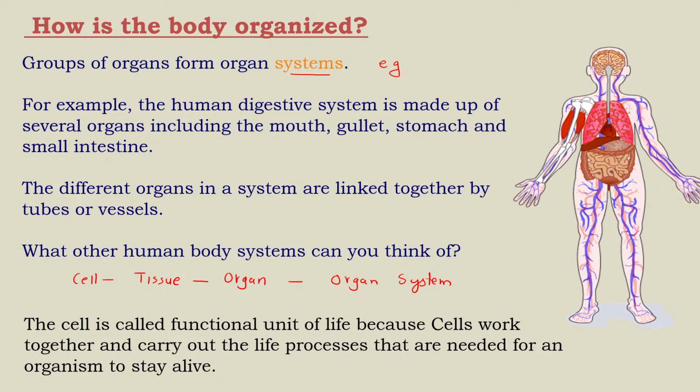Similarly, cells are the basic structural unit of our body. So the cell is the basic part of our body, and therefore it is called the building block of our body. Now, cells are so tiny that you cannot observe them with your eyes, and you need a special device, called a microscope.